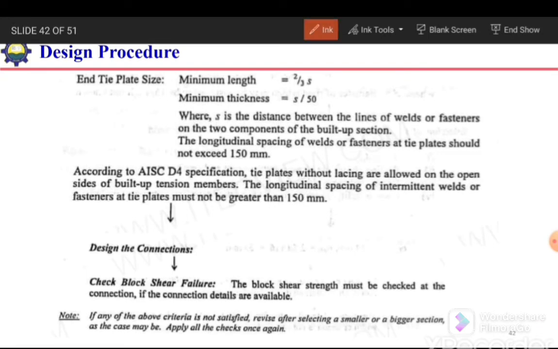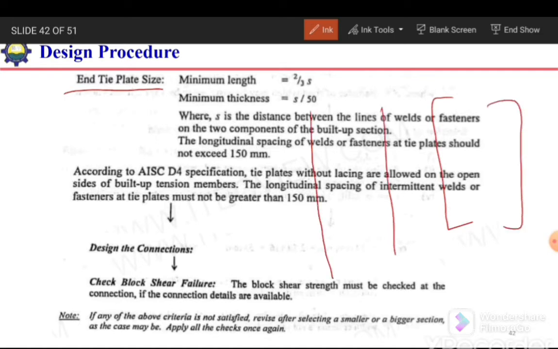Okay, we also need to design for the end tie. If we have a C section connected like this, in plane, we need to use end tie plates to connect them. The length of the end tie plate should be 2/3 of S. S might be, if we have a welded connection at the ends, for example, we have welded the plate over here at these toes, the distance between the welds.